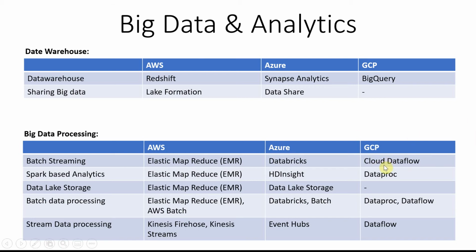That pipeline you can create using Dataflow, which is similar to Databricks. And for Spark, it is Dataproc. So Dataproc is primarily for Hadoop implementation and Spark implementation. This is what Dataproc is primarily meant for.